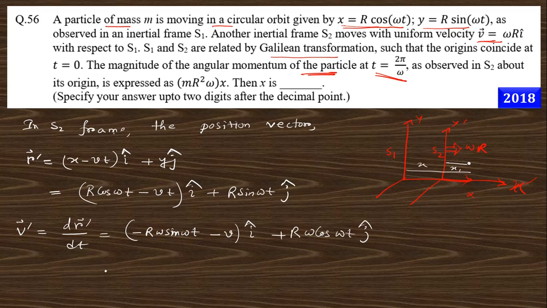Now you want to find out the angular momentum in this frame, that is r cross p. So p is nothing but mv, so you can say m r cross v. Just cross these two vectors. So L will be nothing but m r cross p. So i cap, j cap, k cap.